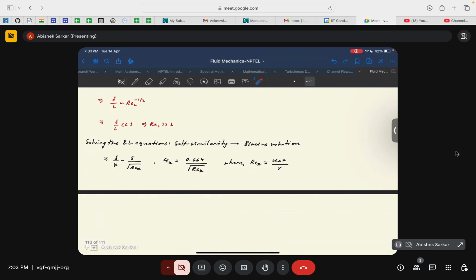delta by x for laminar boundary layers, where delta is the boundary layer thickness and x is the distance from the leading edge of the flat plate, scales as 5 by the square root of the local Reynolds number, where Rex is u infinity x by nu, and x is the distance from the leading edge of the flat plate.